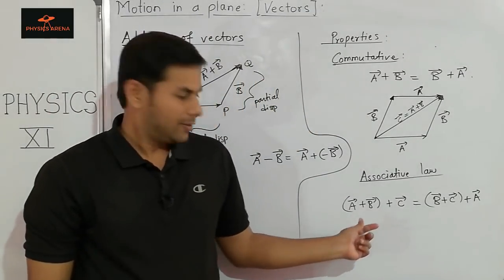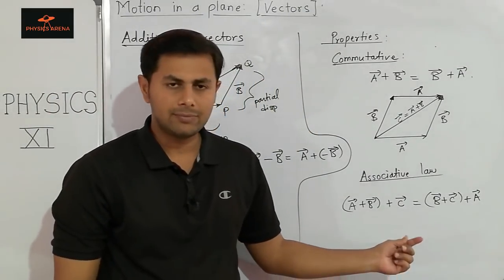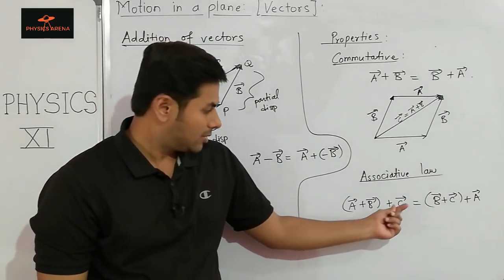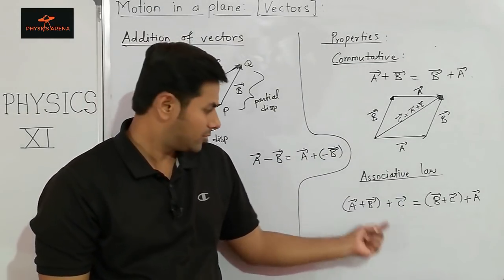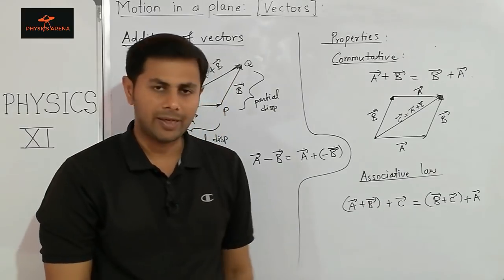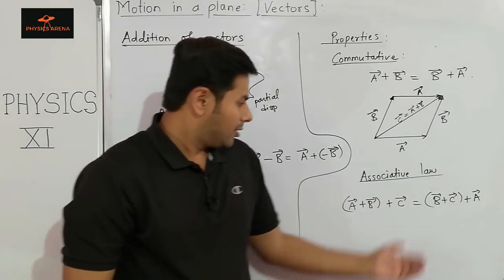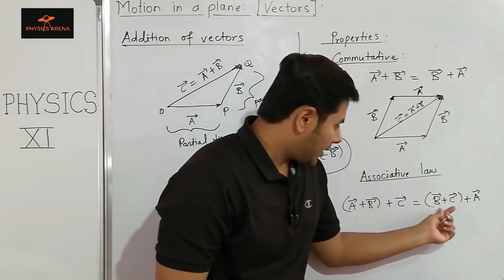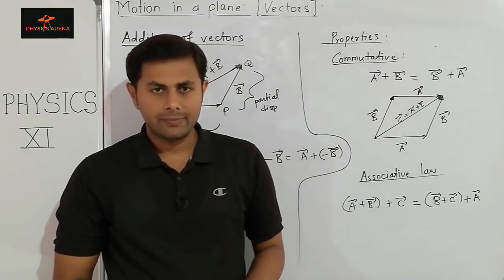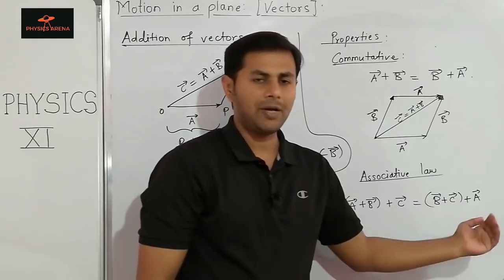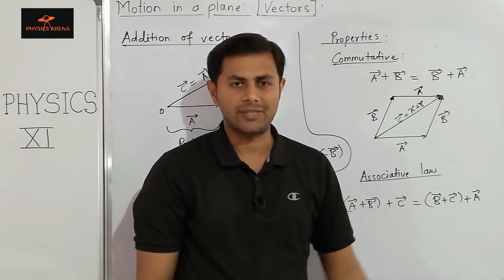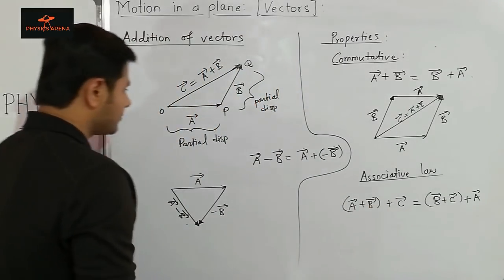So if I take a bar and b bar, I add them, then I add c bar to this addition of a bar and b bar, or resultant of a bar and b bar. It is the same as the addition of b bar plus c bar and then adding a bar to that addition or that resultant. Let's prove that.